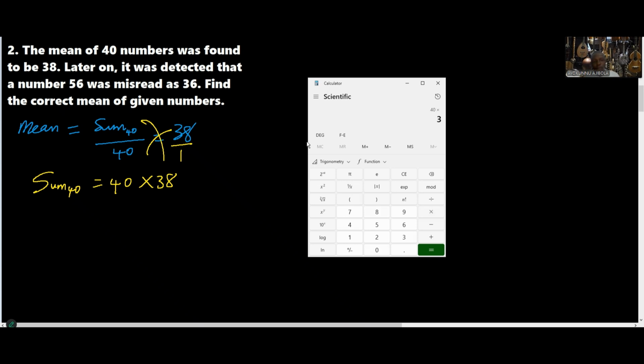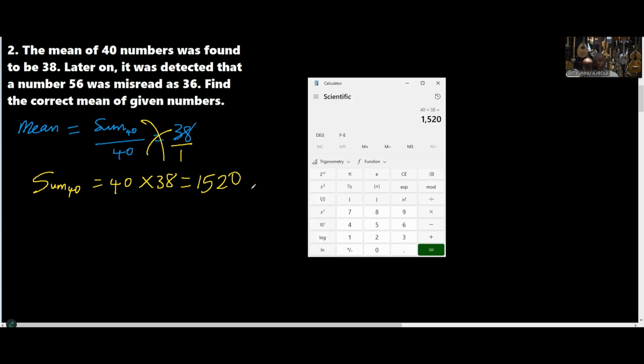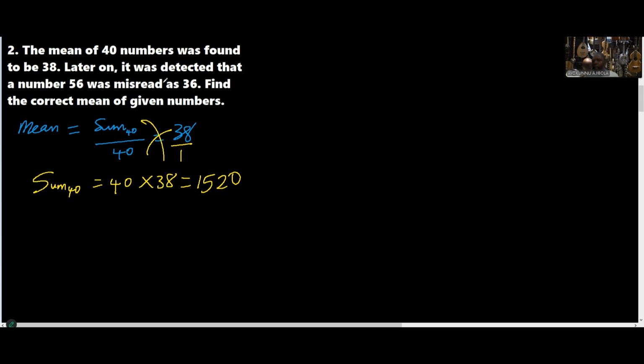Yes. And 40 times 38 gives 1520. So that means when the numbers were added together, we got 1520. It was detected that a number 56 was misread as 36 in this sum.